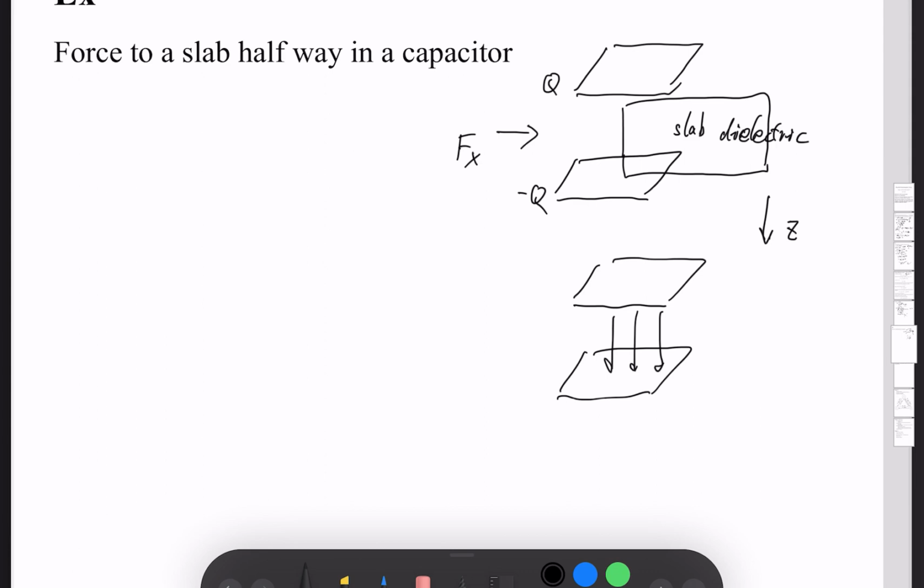If we calculate exactly the field of a capacitor, it's strictly speaking not exactly pointing downwards, because there are edge effects, and remember that there should be some field lines going out. It's actually this kind of field line that's responsible for pushing this slab along the x-axis.